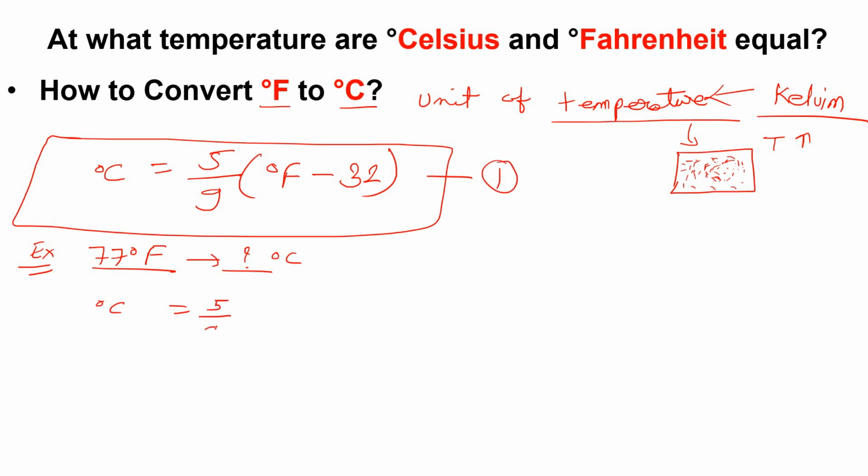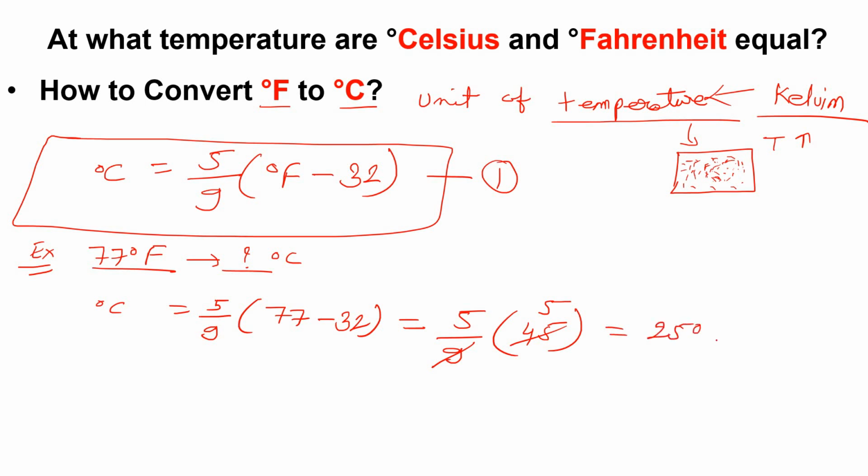So 5/9 times (77 minus 32) is equal to 5/9 times 45. When you cancel out, it becomes 5 times 5, so 25 degrees Celsius will be the answer.